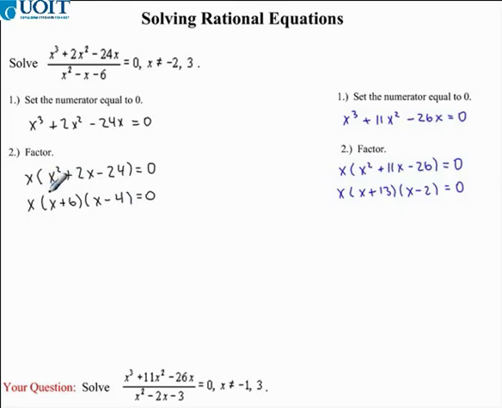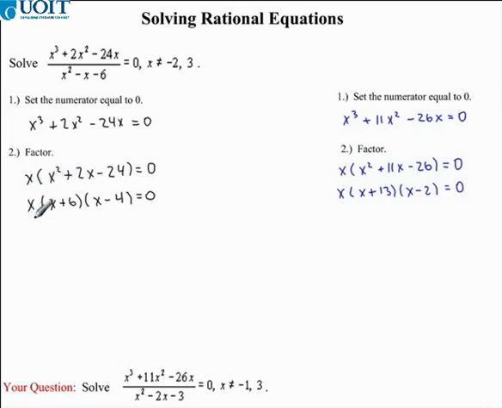Now we have three numbers multiplied together. We have x times x plus 6 times x minus 4. To have this product equal to 0, one of our numbers that are being multiplied must also equal 0, since 0 times any number is equal to 0.